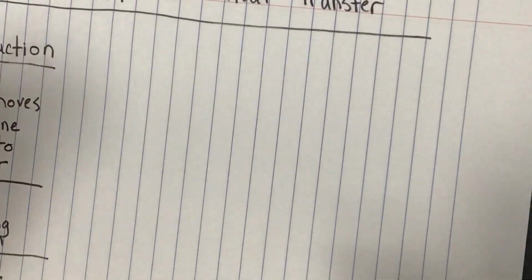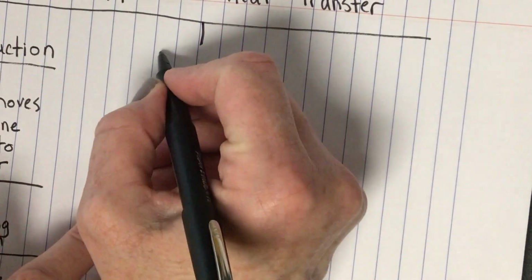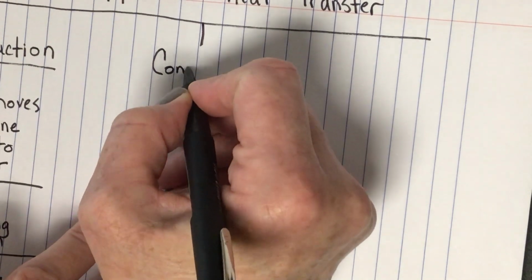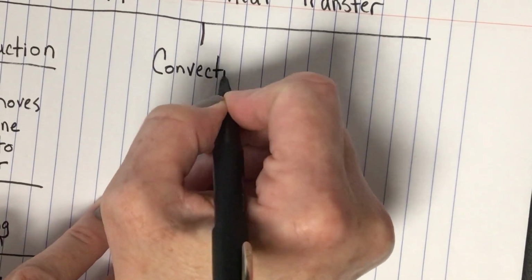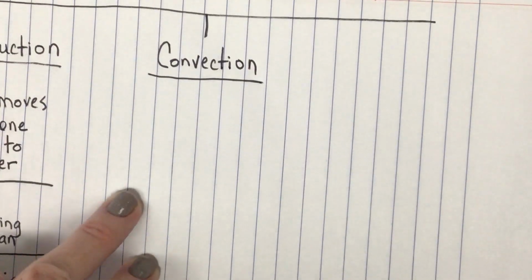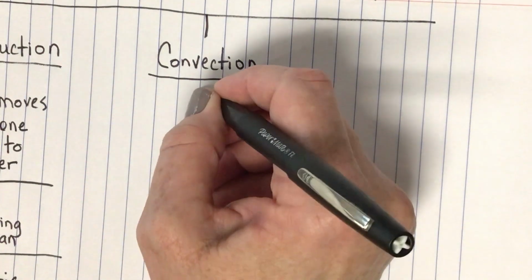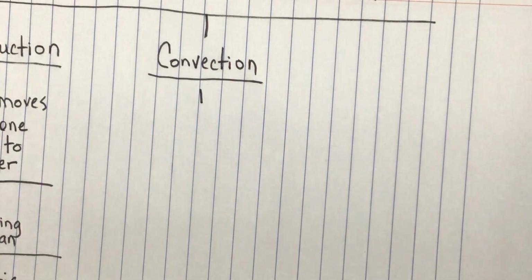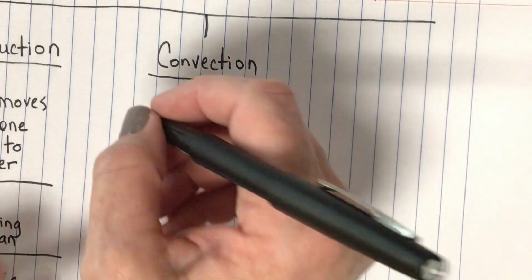All right, the second type of heat transfer was called convection, and this is the type of heat transfer that we are going to talk about in 8th grade. So convection is defined as movement of heat through liquids and gases. So there has to be a liquid, or there has to be a gas.